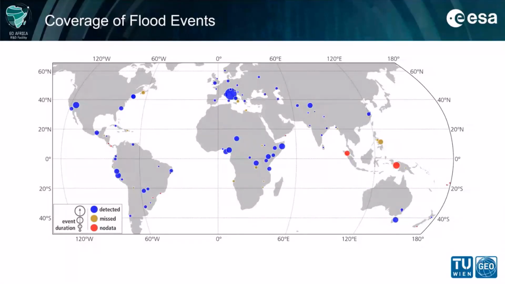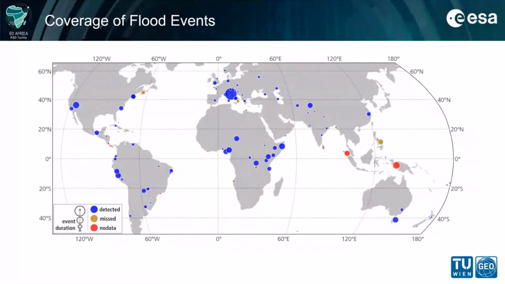If it's a blue circle, that means for that particular flood event, we saw images that depicted the flooding. But there were also scenarios where we looked at the data archive, and for the areas that were reported and the time period that was reported, we didn't find a single Sentinel-1 image. So there was no data for those flood events.